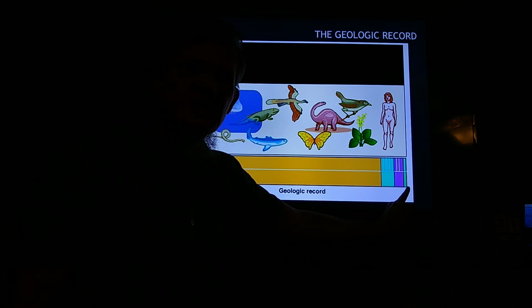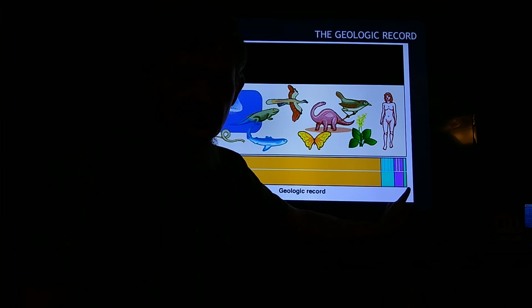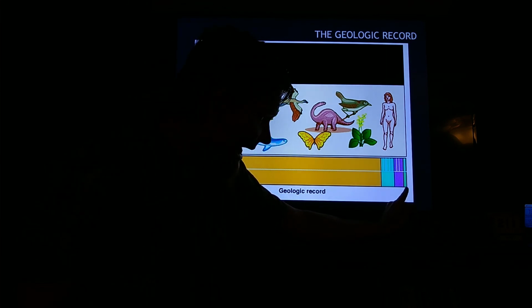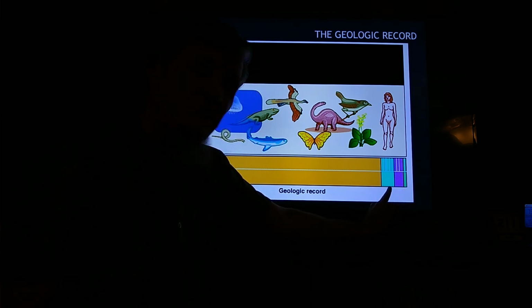Oh, okay, well that must be like recorded history or something, right? No. That green section is 65 million years. That is 65 million years. This is about 200 million years. This is about 300 million years. And this is 4 billion.